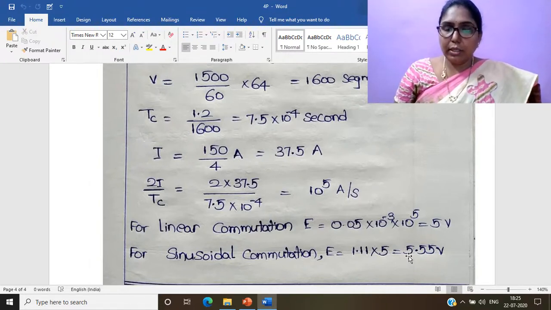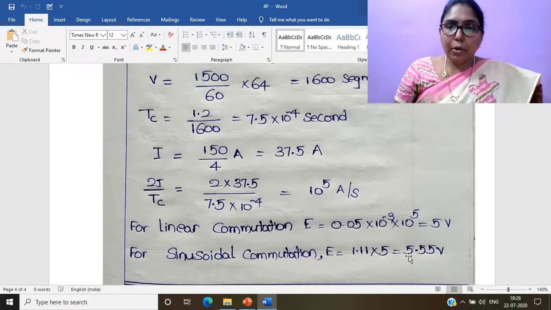We know its importance in the short-circuited coil, which causes sparking at the brushes. To know the value of the reactance voltage, we derived a formula for both linear commutation and sinusoidal commutation, and based on that formula we solved 2 problems on this concept.